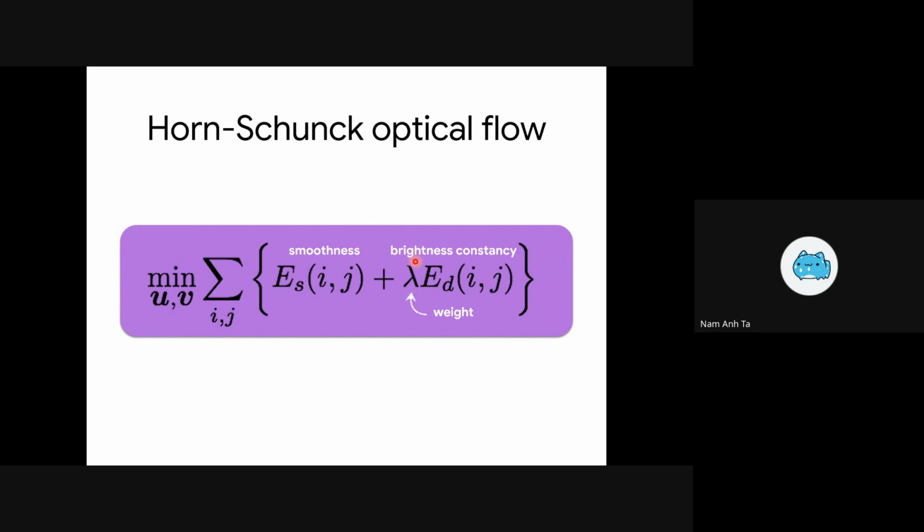The parameter lambda right here is a weighting factor that controls the balance between these two. A larger lambda means that we emphasize the brightness constancy, while a smaller lambda means we prioritize the smoothness term. So our goal is to find the U and the V that minimize this total energy.